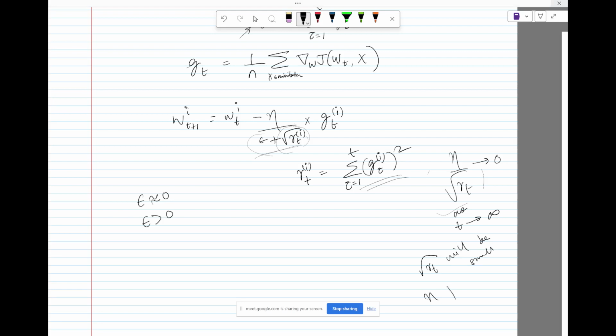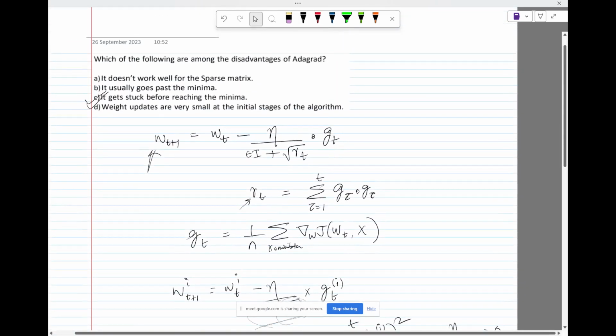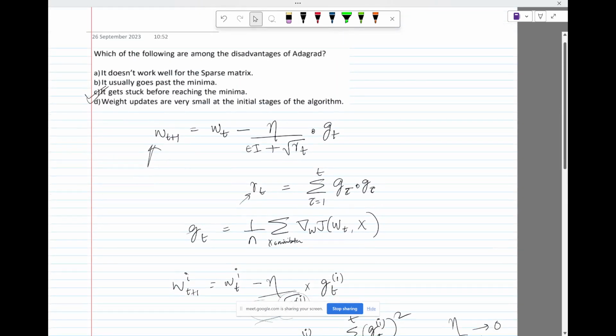So the scaling will be high. So weight updates will actually be larger at initial stages of the algorithm. So D is also incorrect. So the correct option is C, that it gets stuck before reaching the minima.